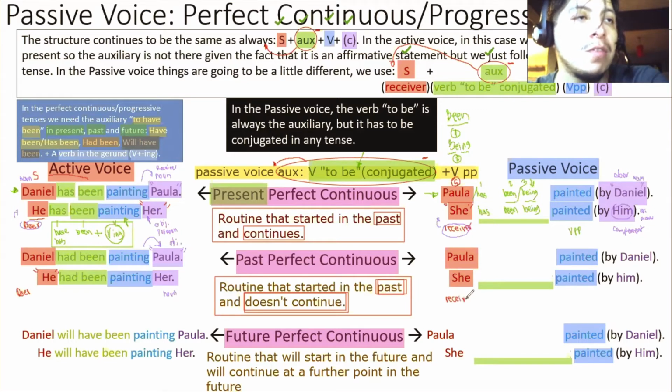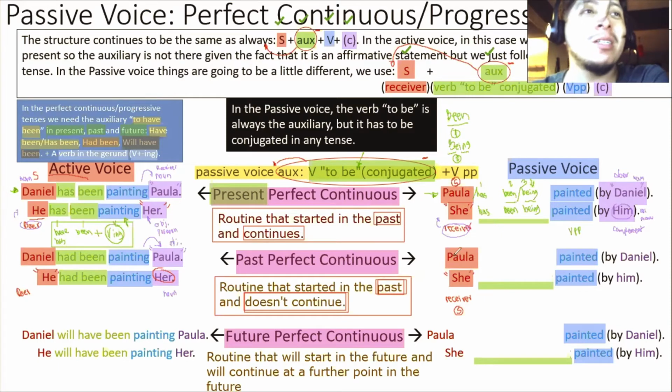The receiver of the action is the subject in the passive voice. So the subject is Paula. Paula used to be the object and was replaced by an object pronoun. Now she's the subject, and because she's the subject, you have to replace her with a personal pronoun.